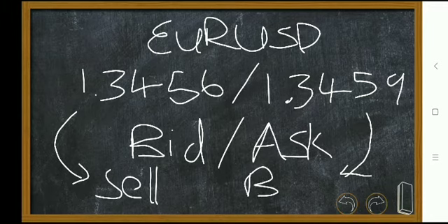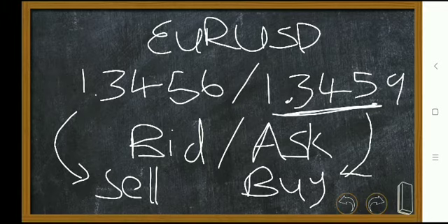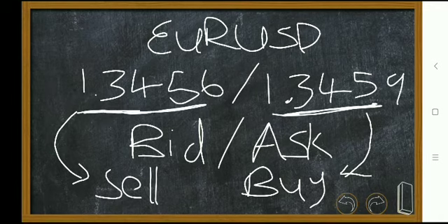When you buy this currency pair, they will give it to you at this price. And when you sell, you're going to sell at this price. So that's the bid and the ask. Let me repeat.